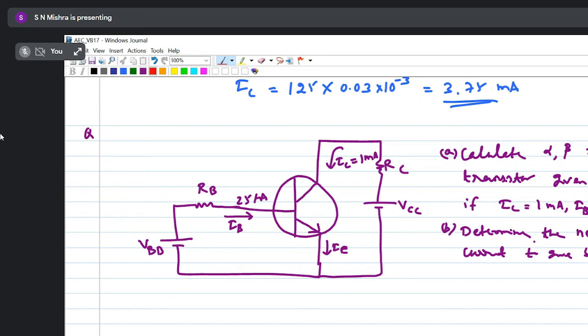IC and IB are given and alpha and beta are asked. Very simple. Beta equals IC by IB, which is 40. If you know beta then you can calculate alpha. Alpha equals beta by 1 plus beta, which is 0.975.